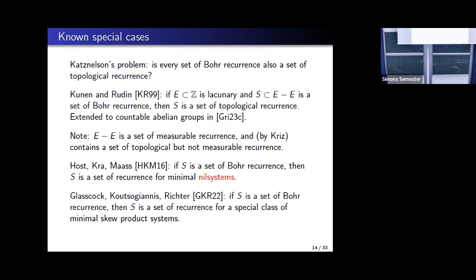And so these things are all evidence that the statement that every set of Bohr recurrence is a set of topological recurrence is true, but I'd say it's not strong evidence. I don't know.